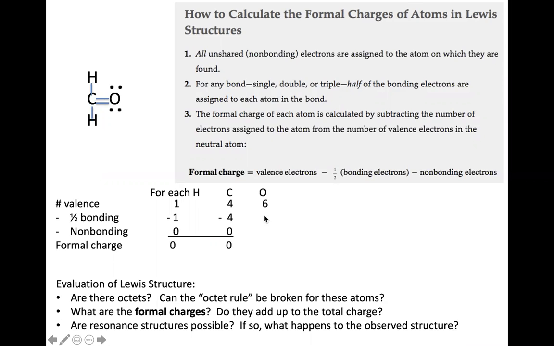Take a second, see if you can calculate for oxygen. What is the formal charge for oxygen in this molecule?